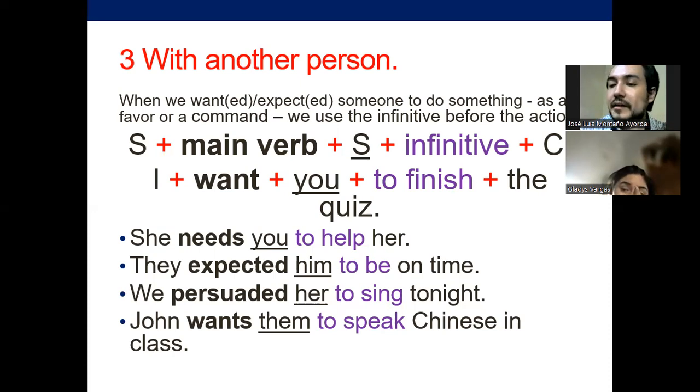So it depends on the tense you want to use, but it's valid. Okay, so need someone to do, expect someone to do, persuade someone to do, want someone to do. And this is very common. It's something that you can use. I don't know if you use this structure, Gladys.